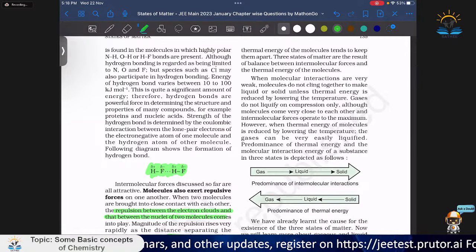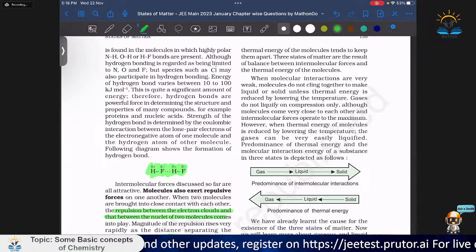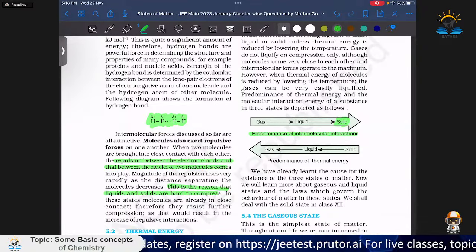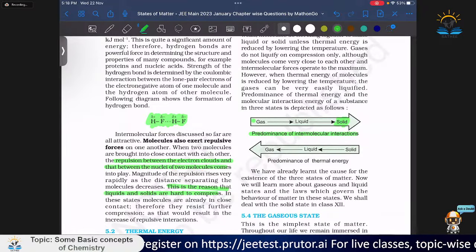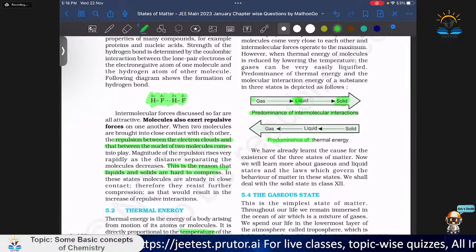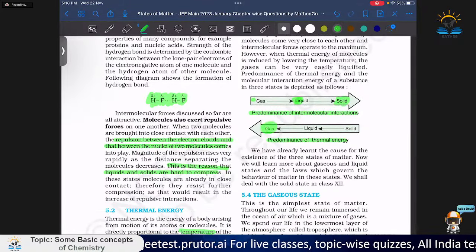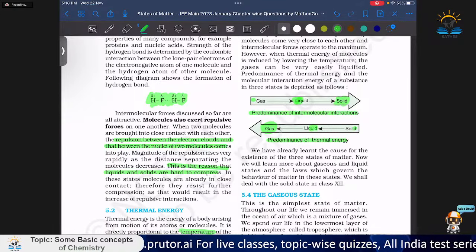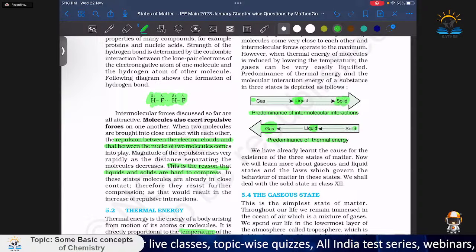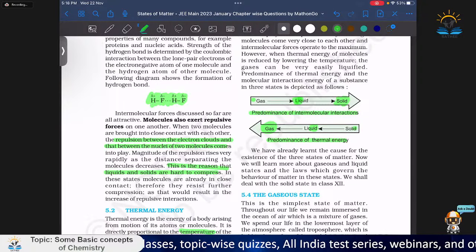So here we have two small graphs we need to remember. Predominance of intermolecular attraction is maximum in solid and least in gas. And predominance of thermal energy is maximum in gas and least in solid. So what do we learn from it? Gas has the maximum amount of thermal energy and least amount of intermolecular interaction.